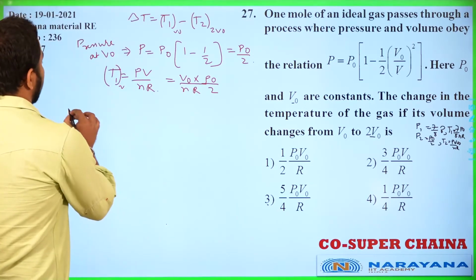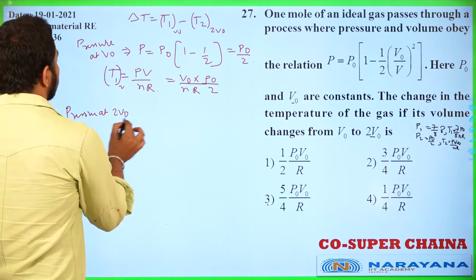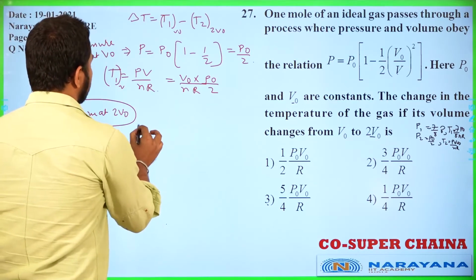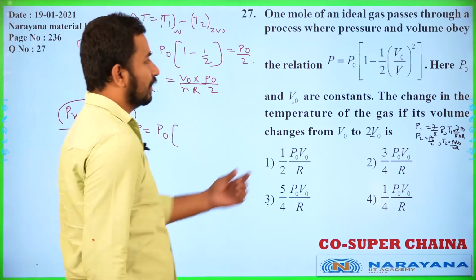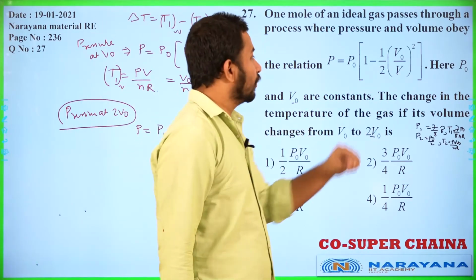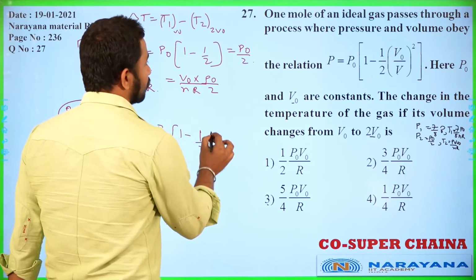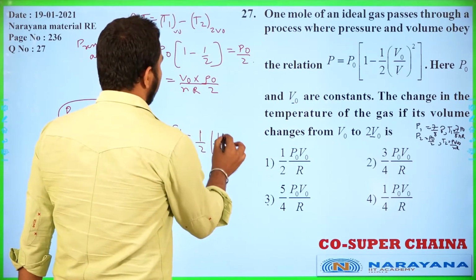Now let's check the pressure at 2V0. If we check the pressure at 2V0, we'll put P equal to P0 and now instead of V, we'll put 2V0. So what we'll get? 1 minus half is already outside and this will be half again, so half to the power 2.